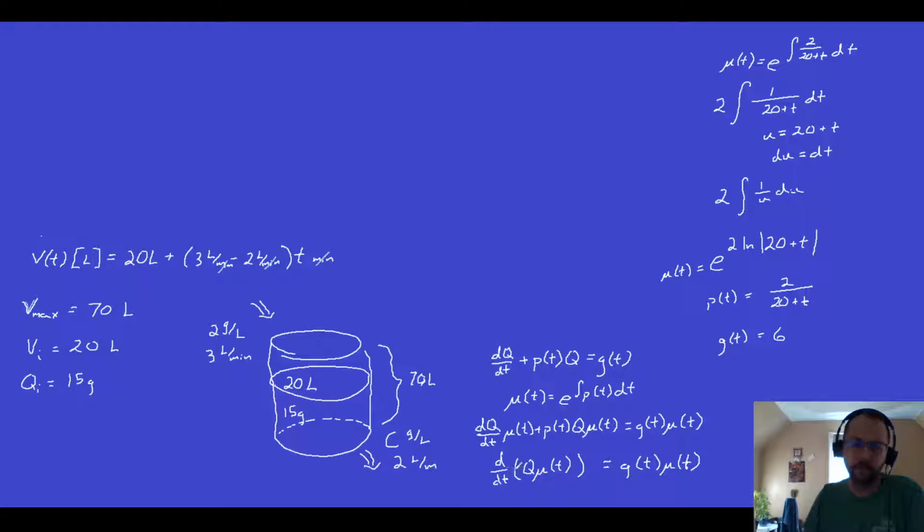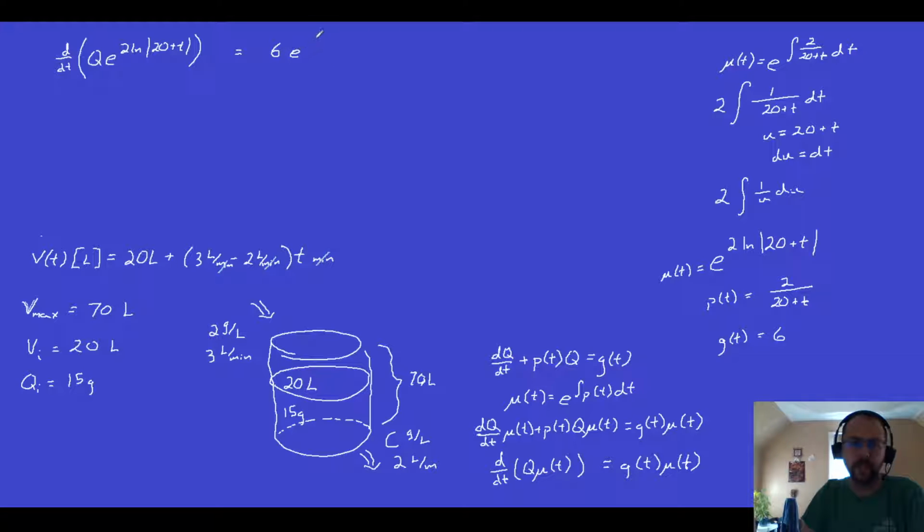So now I'm going to put it in the form I showed before. We have the derivative with respect to time of q times mu of t, which is e to the 2 natural log of the absolute value of 20 plus t, equals g of t, which was 6, times mu of t, which is e.